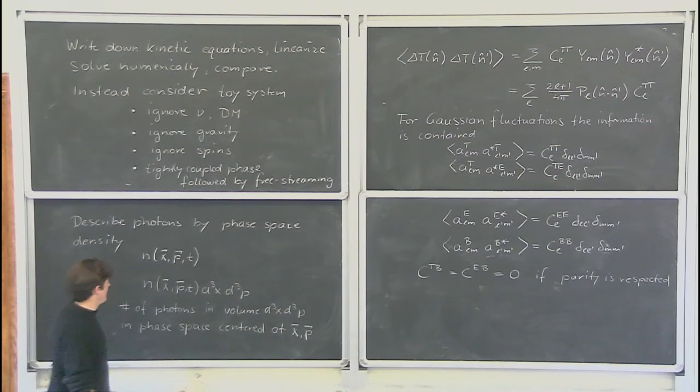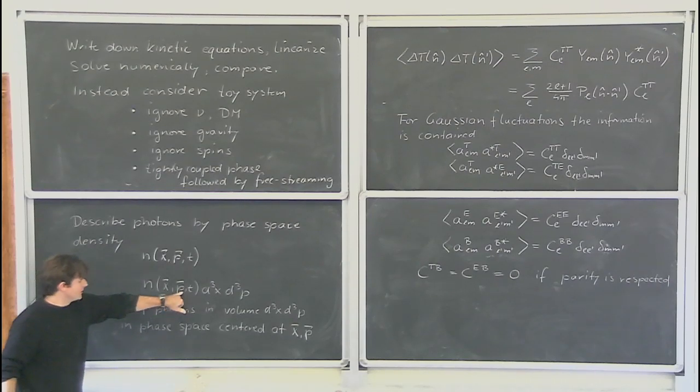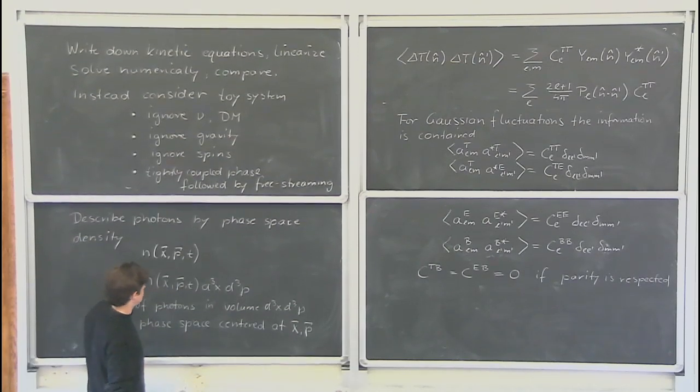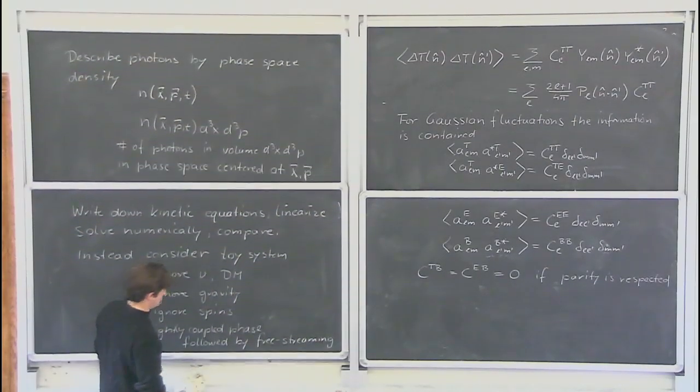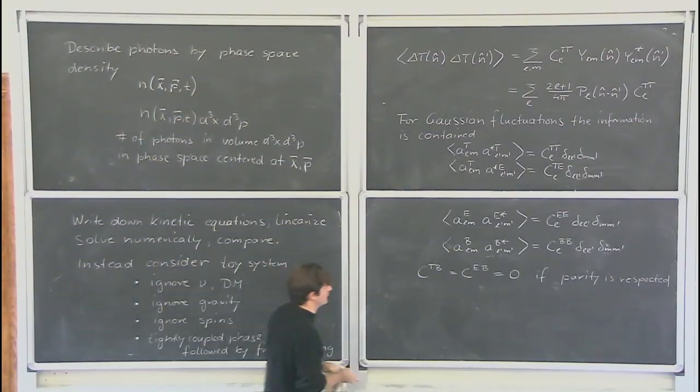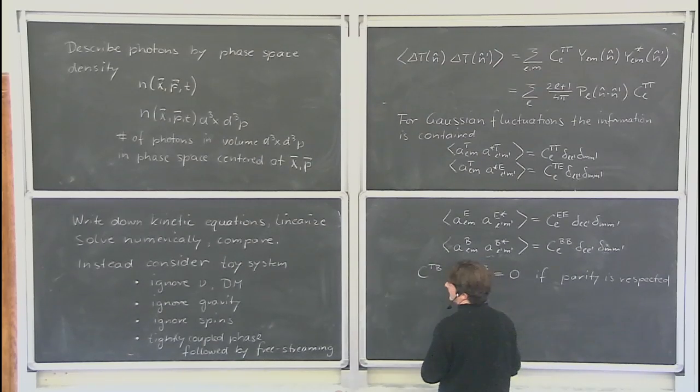So it just tells you how many photons there are at x with a given momentum. And so the first thing we should figure out is what is the equation of motion for that.